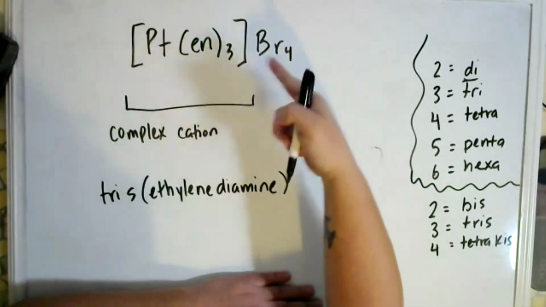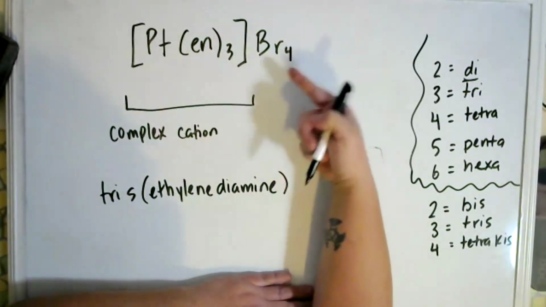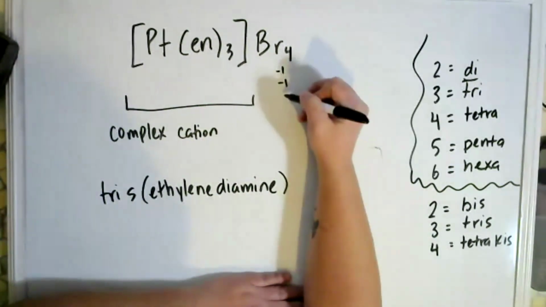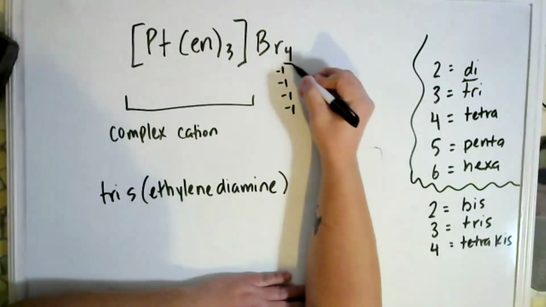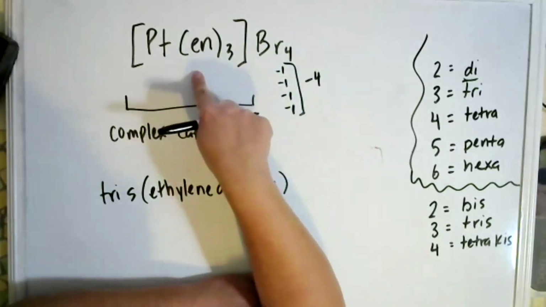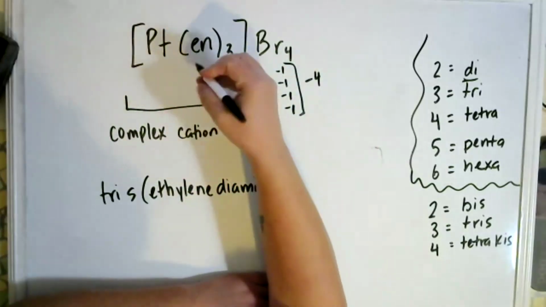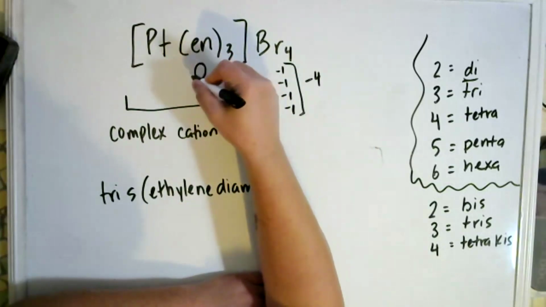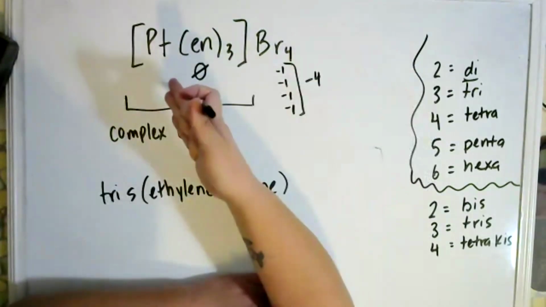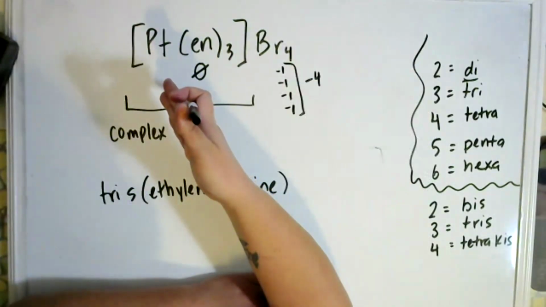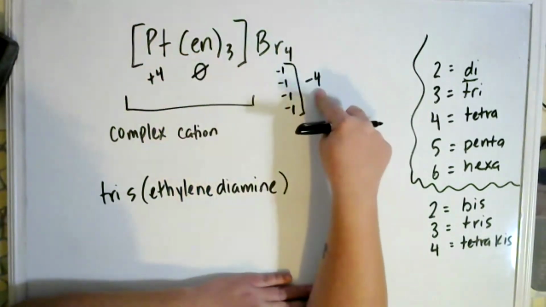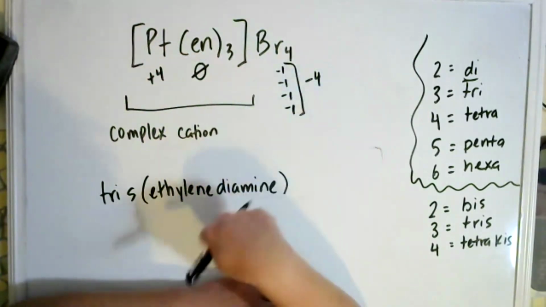We know that the bromide is going to have a -1 charge, and there are 4 of them, so we can write that down. That total negative contribution is going to be -4 then. Ethylene diamine is neutral, so it's going to have an overall oxidation of 0 when you add everything up. And what that means is that your platinum is going to have an oxidation of +4 to counteract the -4 that's here. Okay.